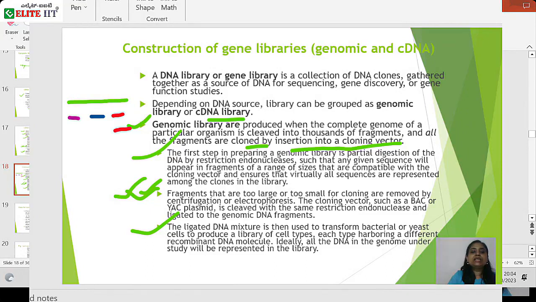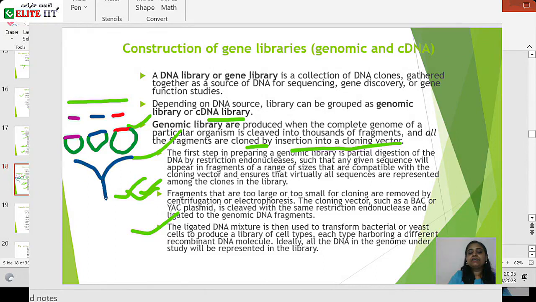You construct separate recombinants, inserting these fragments into separate plasmids. From these three fragments you get three recombinant plasmids. Now you have to insert these three.